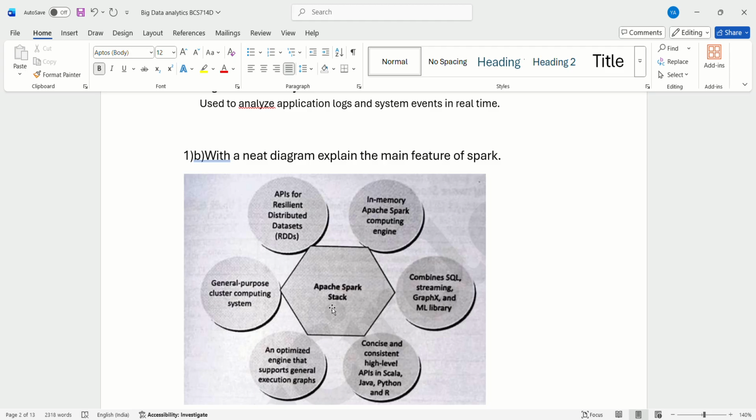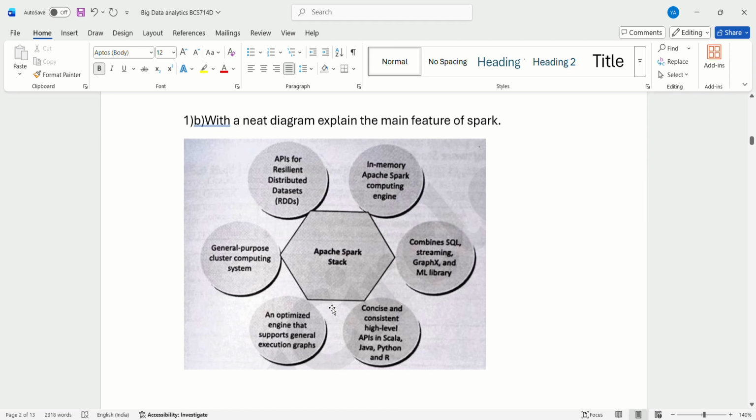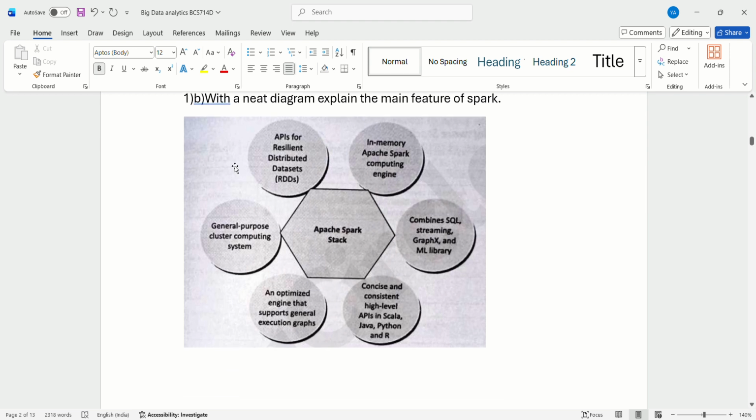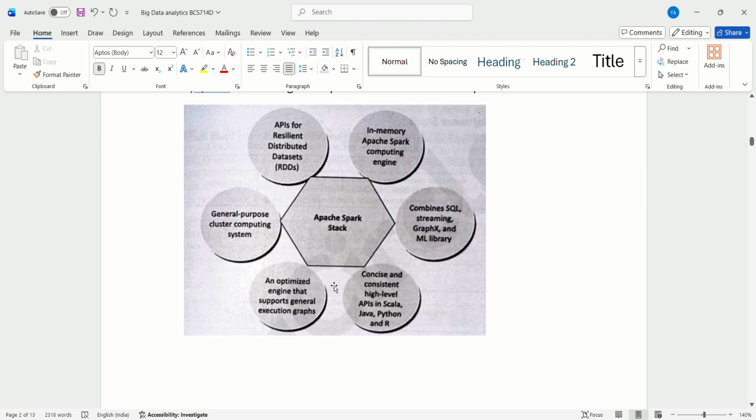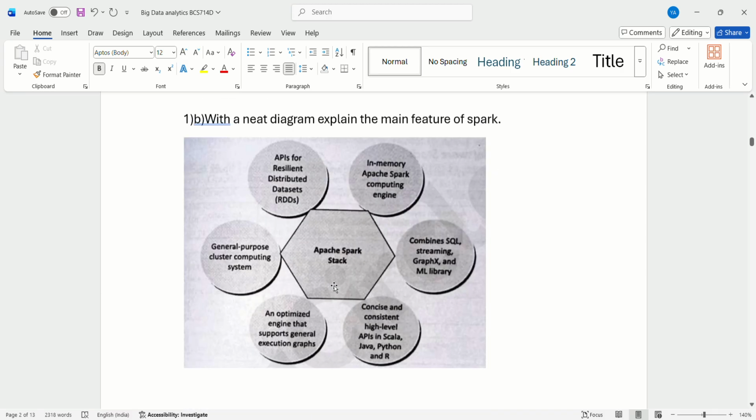Concise and consistent high-level APIs in Scala, Java, Python, and R, and optimized engines that support a general execution graph, a general purpose cluster computing system, and an API for resilient distributed datasets. So these are the features and the diagram of the features of Spark.